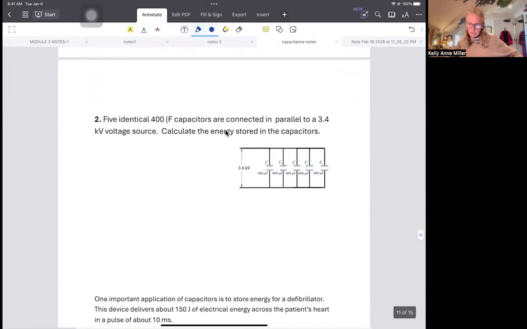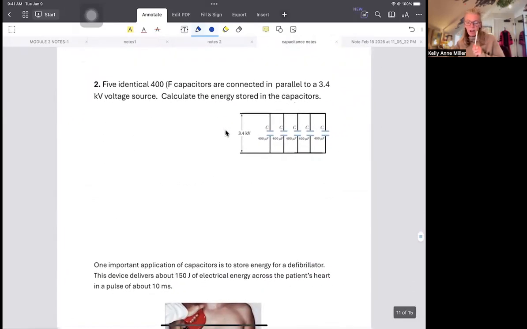So let's try an example problem. Let's say that we've got 5 identical 400 microfarad capacitors that are connected in parallel to a 3.4 kilovolt voltage source. Calculate the energy stored in the capacitors in total, it's asking.